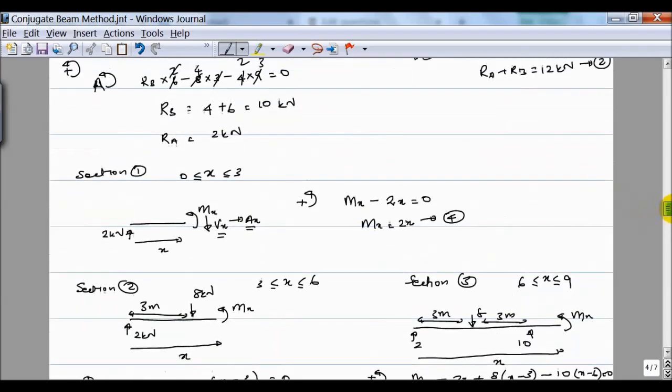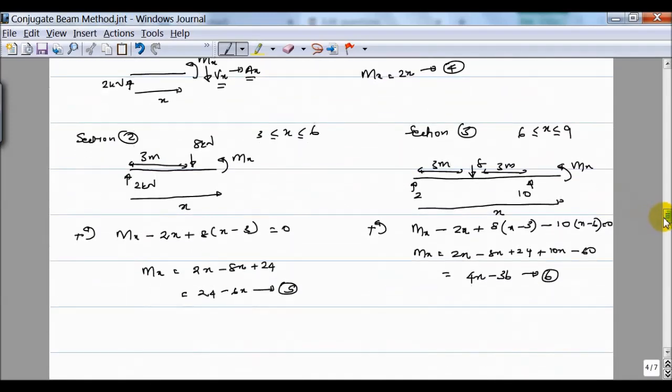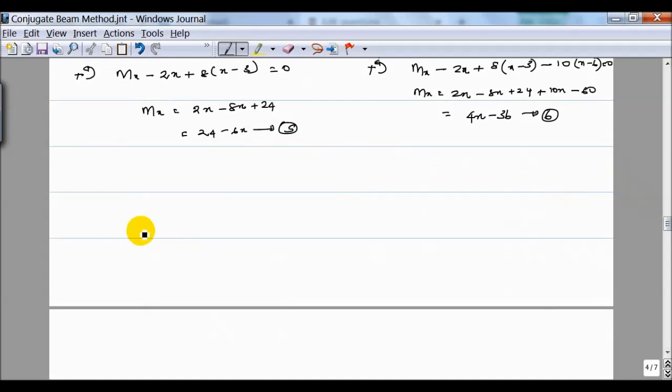So now I have three equations: equation 4, equation 5, and equation 6. These three equations can clearly help me to plot the bending moment diagram for the entire beam. So if I plot it, it looks something like this.